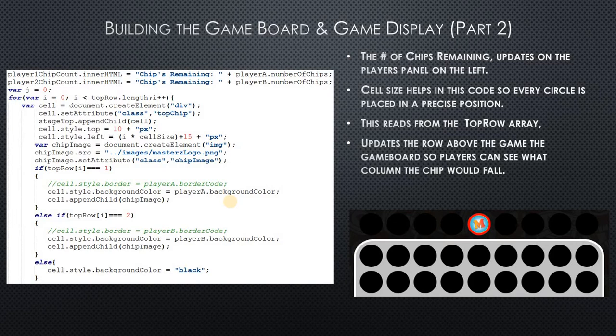We wanted a way to show, if I push left or right, where this chip is going to fall before they actually hit submit or the play button. We'll get to that in just a minute.